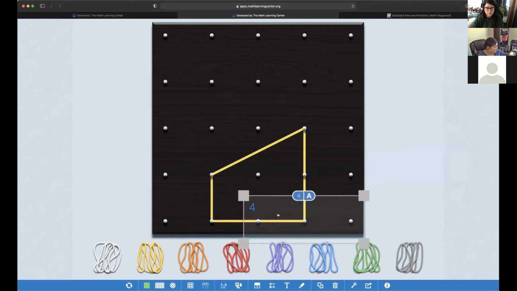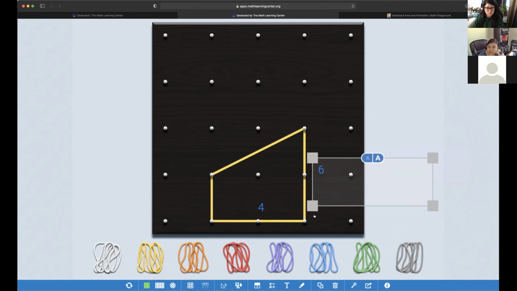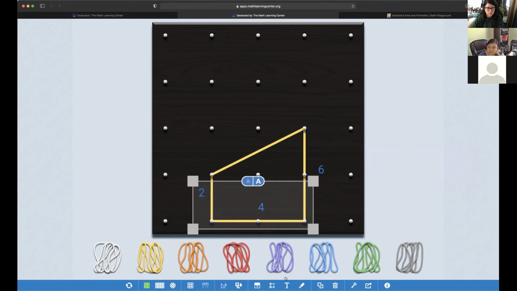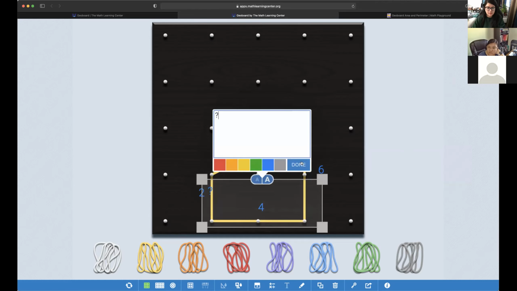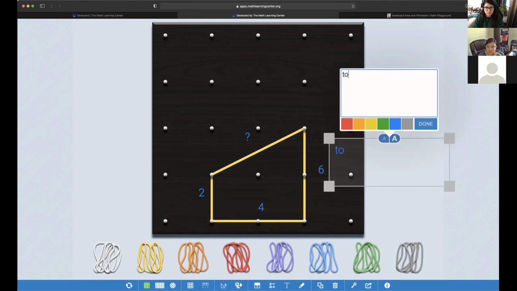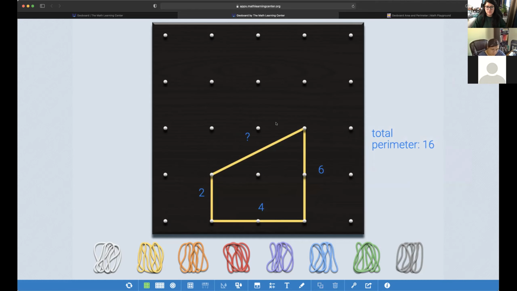Let's do 4. We're trying to find this side length here. All right, and then the total perimeter. Okay. So we have our side lengths and the total perimeter is 16. So you guys are going to just solve for this missing side length right here.